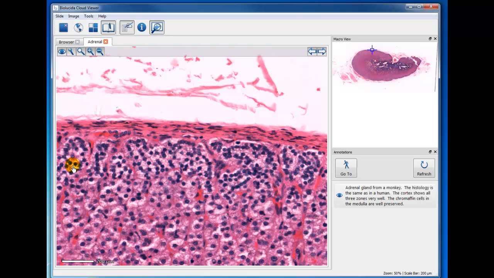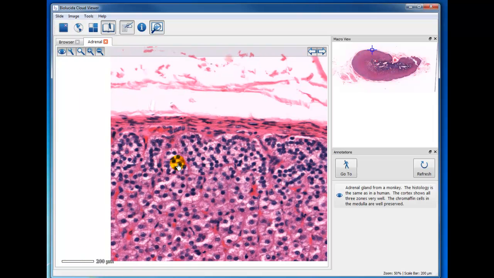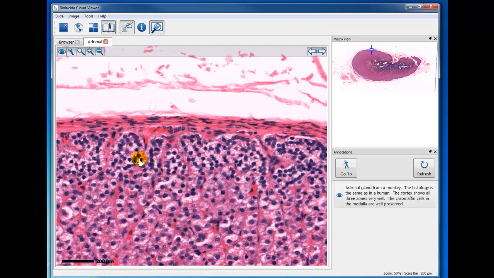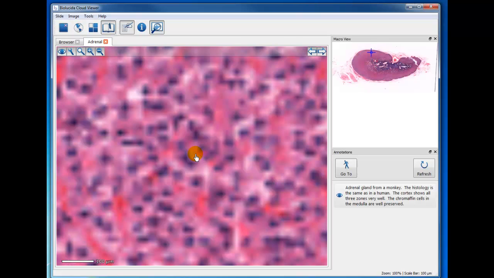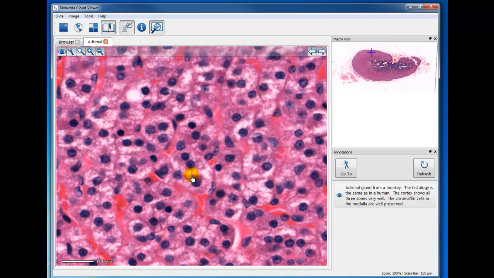So this is the zona glomerulosa. It's named that because often you will see these little bodies, the glomus, they resemble the kidney glomeruli. And then the zona fasciculata cells, they are loaded with the glucocorticoids, which is a steroid that has a lot of lipid in it.